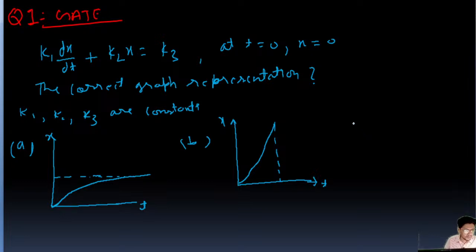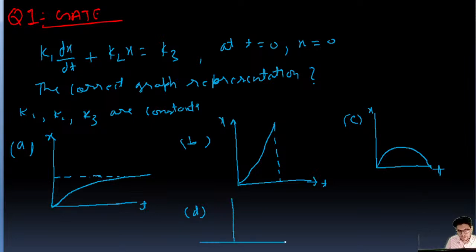Option C, the graph C is given. This is t and this is x, and this graph is given like this. And graph D is given, t and x, and this is like this and this.